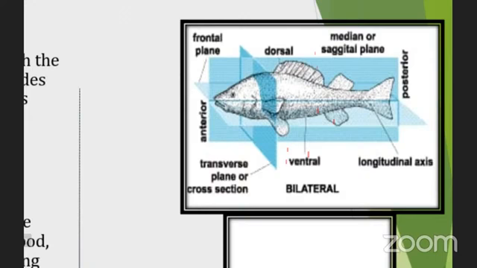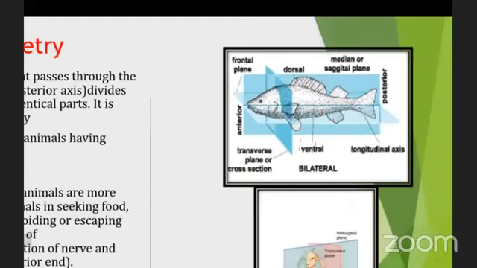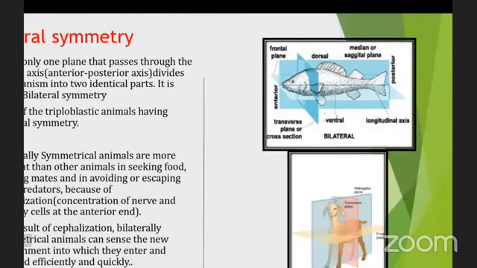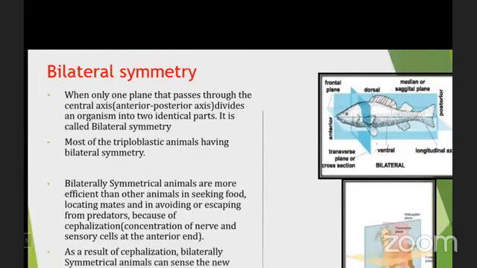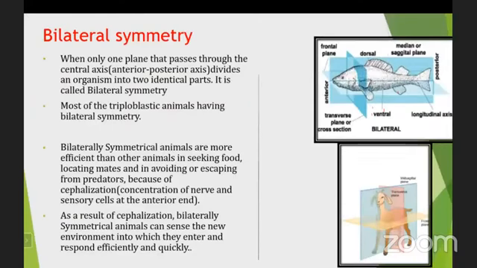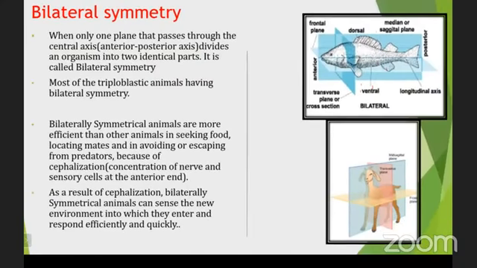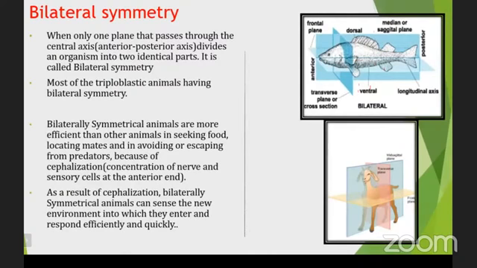When only one plane that passes through the central axis divides an organism into 2 identical parts, it is called bilateral symmetry.